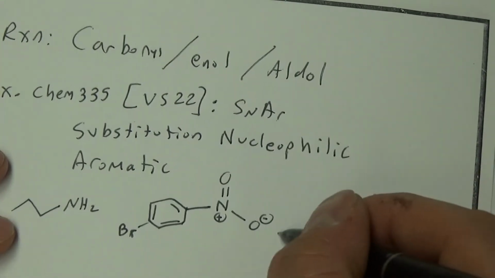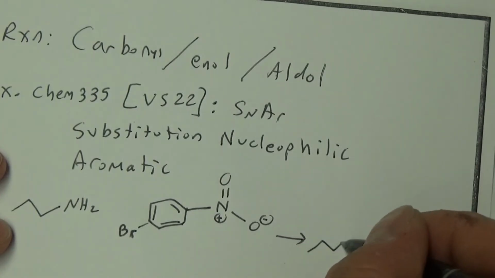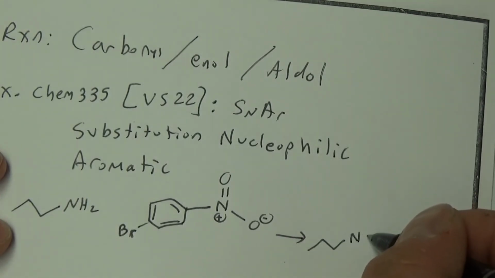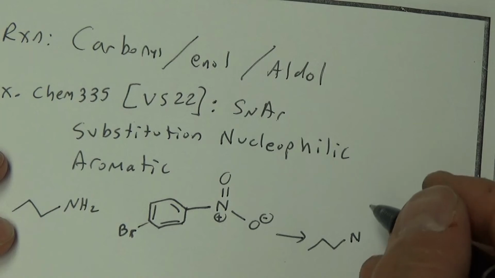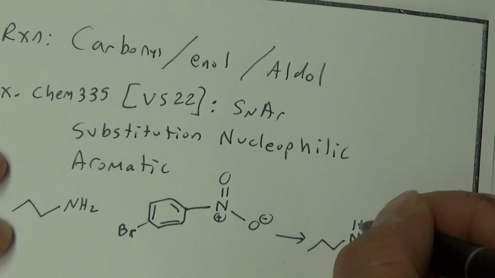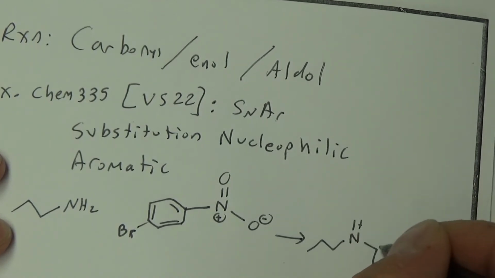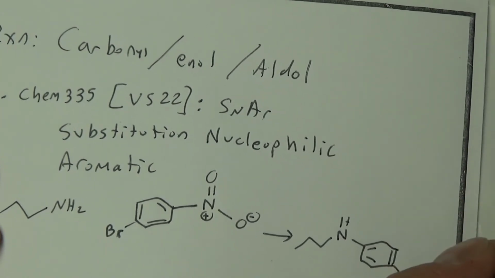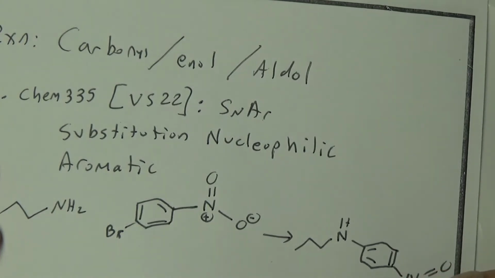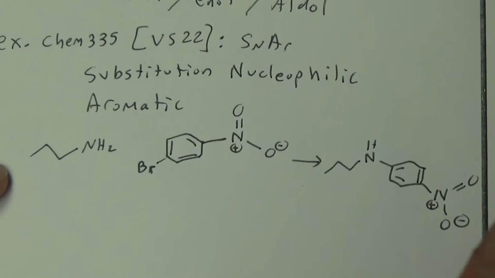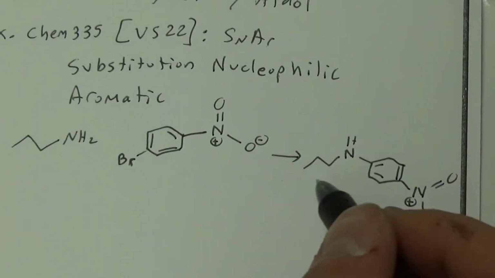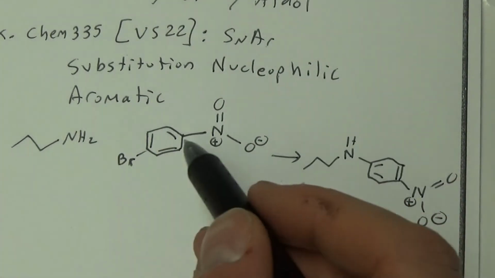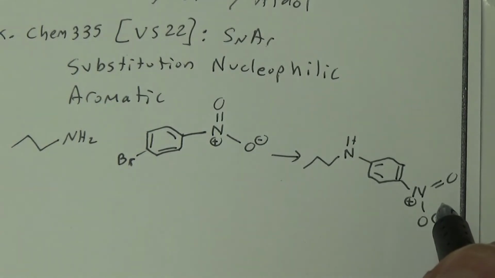Alright, so the product is simply going to be nitrogen, and that. Okay, cool. So how does it do this? How do these two things react and make this product?